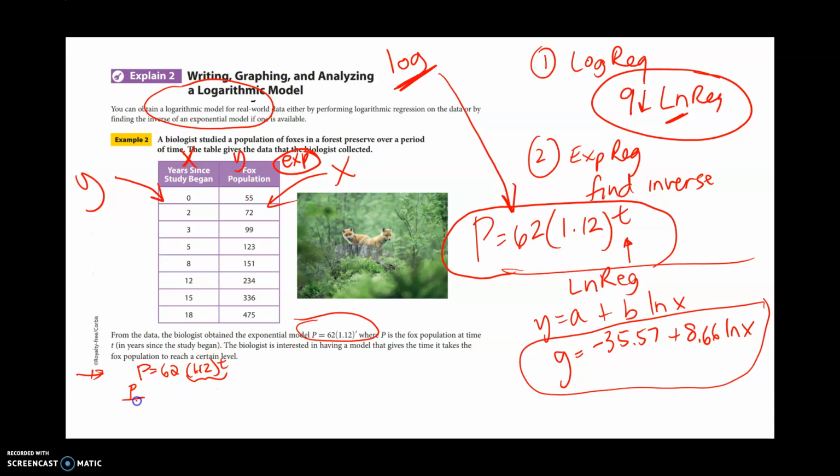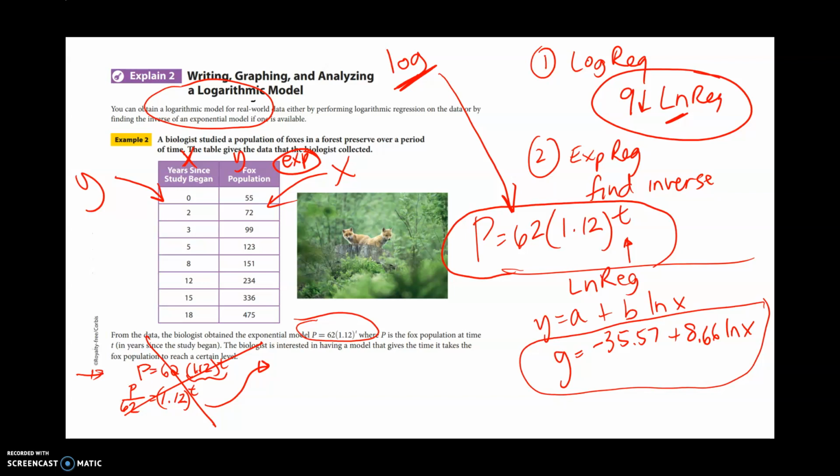So I'm going to do p over 62 equals 1.12 to the t. All right, let's rewrite that in the log form. All right, as I revisit this, I'm not going to worry about us finding the inverse, because that gets a little sticky and I don't want you to have to worry about it.